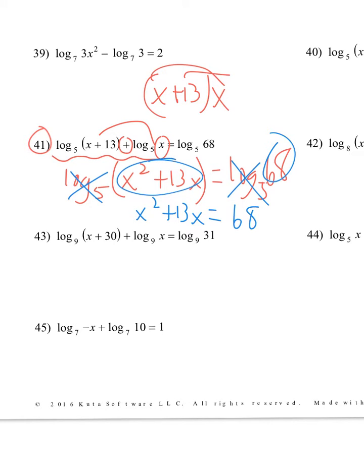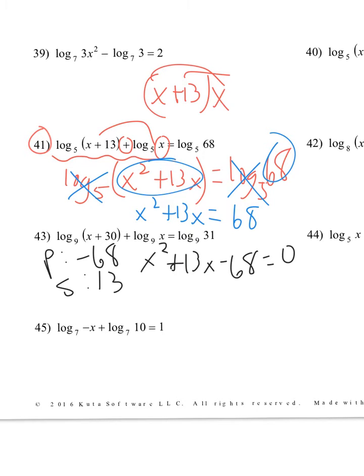Now this is quadratic, so I've got to set it equal to 0. So I'm going to subtract 68, set it equal to 0. Okay, now I'm going to factor, so I want a product of negative 68 and a sum of 13. 68 has a few products, but the two numbers are 17 and negative 4.